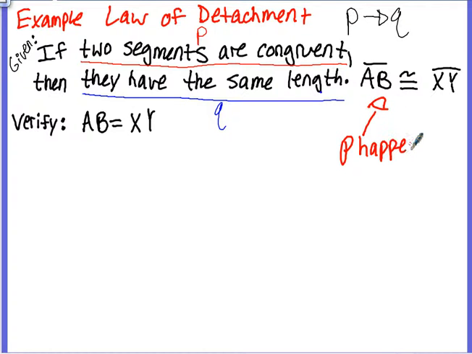So now that the hypothesis has happened, the law of detachment tells us we can expect the conclusion to happen, meaning they will have the same length. We can expect that. So the law of detachment allows us to conclude, therefore, line segments AB and XY do have the same length, because that's using the definition of being congruent.